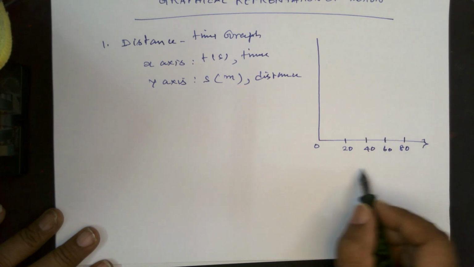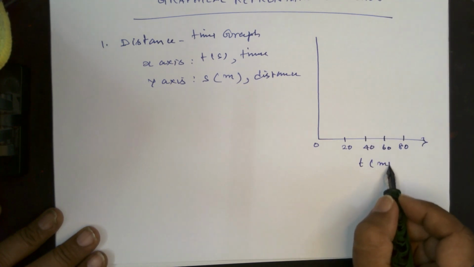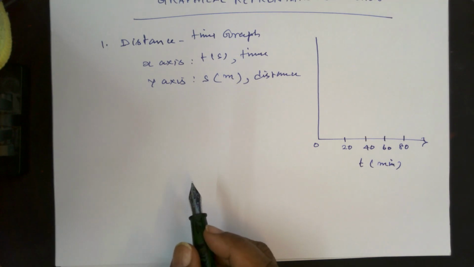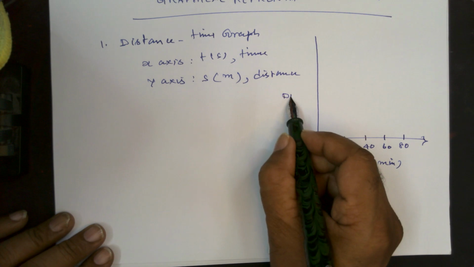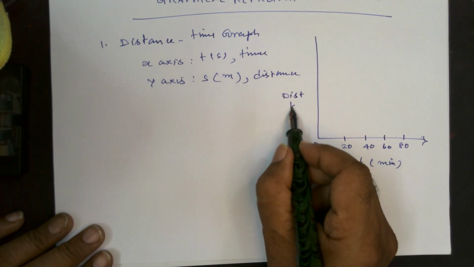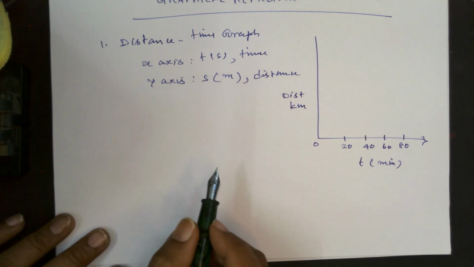So this is t, given here in minute. And what about distance traveled? Distance traveled is given in kilometer.